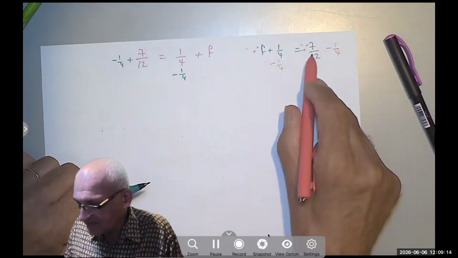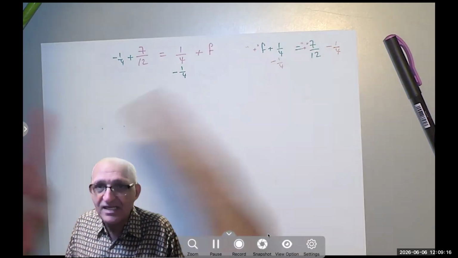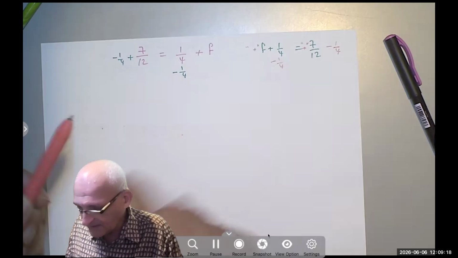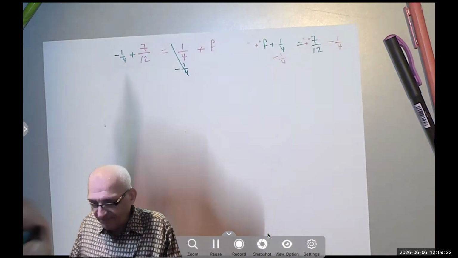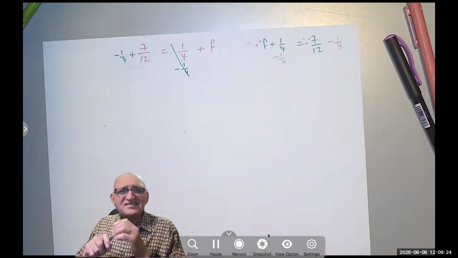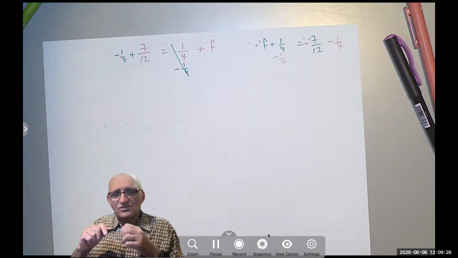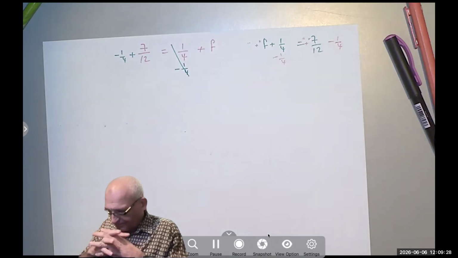And since now the 7/12 is still in the beginning, I don't need to add the positive sign. And now I face a problem. What is 7/12 minus a quarter? They don't have the same denominator. So what do we do?